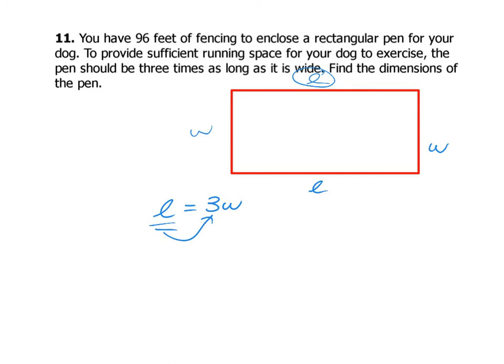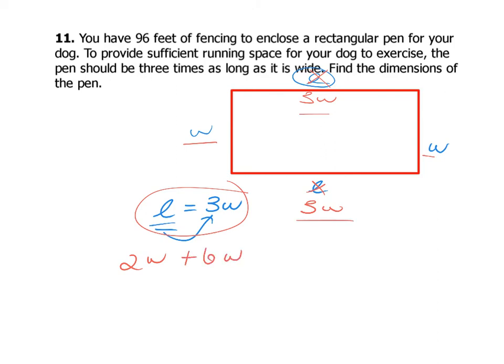So now I'm going to change this to a 3W and a 3W because of this piece. Does everybody understand that? So now I can combine like terms, and I can add this W and this W, which makes 2W, and then this W and this W, which makes 6W, and then I can combine both of them to get 8W, and I can set that equal to 96.